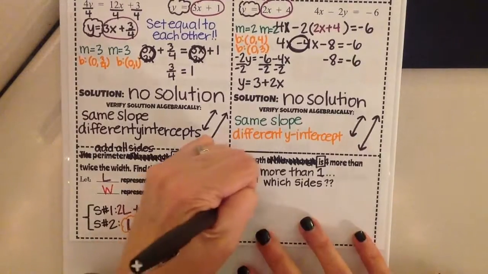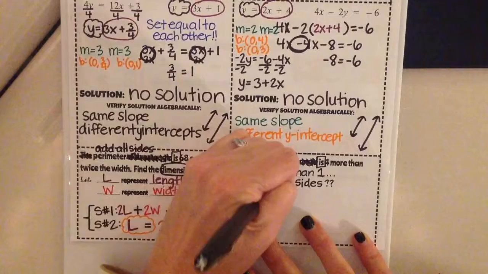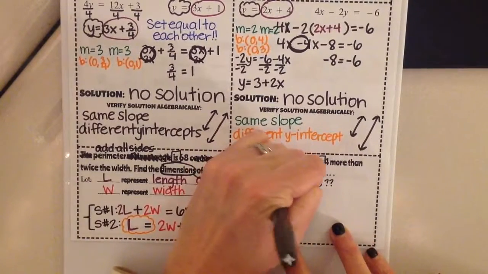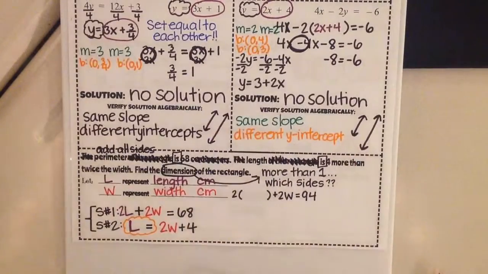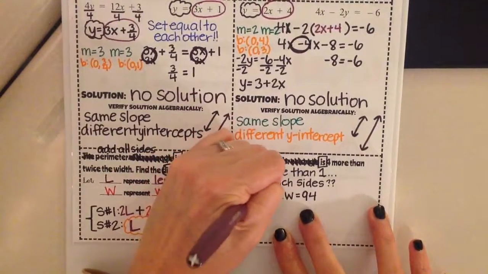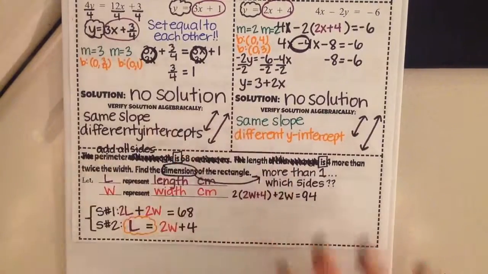I'm going to say 2L plus 2W equals 94. Okay, so remember, I left a wide parentheses because I have to have room. I'm not just plugging in a number right now. I'm plugging in multiple numbers and a letter. So I'm going to replace it with 2W plus 4, because that is what L is equal to.